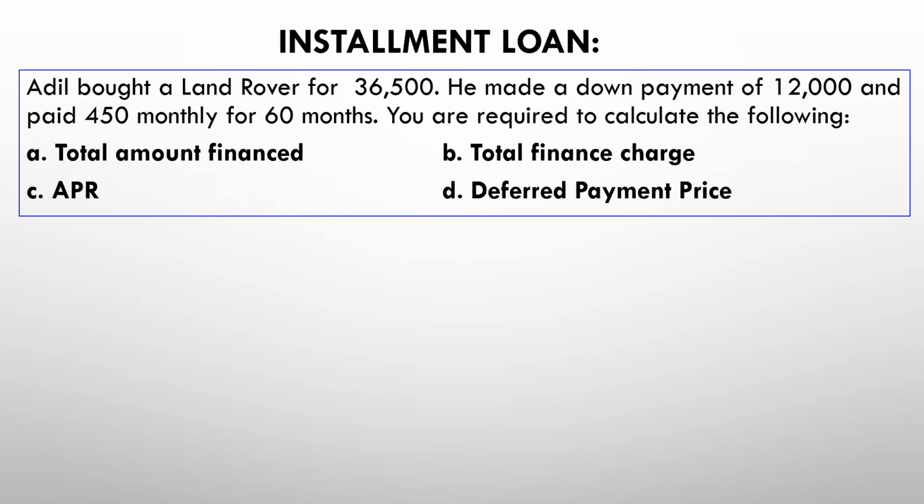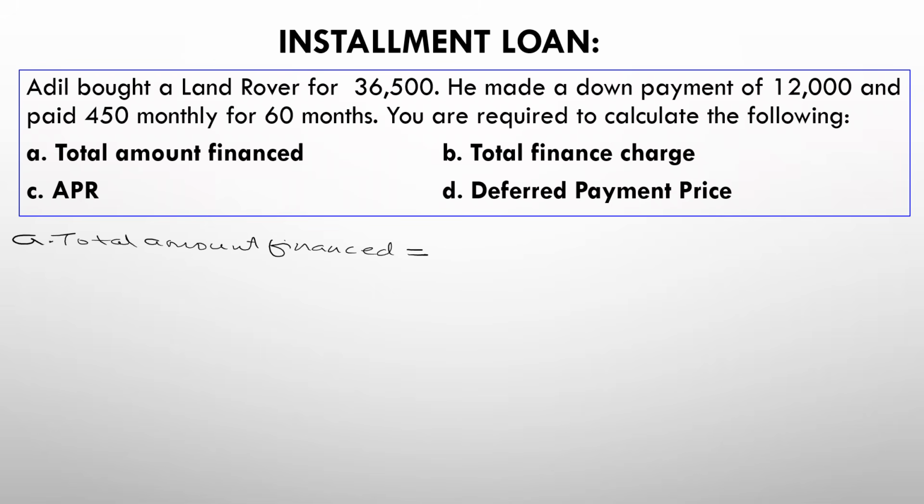A. What is A? Total amount financed. So now we will write it here. This is our A. Total amount financed, how do we calculate?